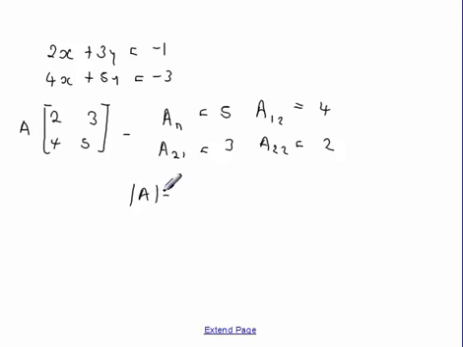What do you do? You take this minor, the sign which will be positive, isn't it? And multiply by that 2. You get 2 times 5, plus. Then you take this minor, you take that into 3.